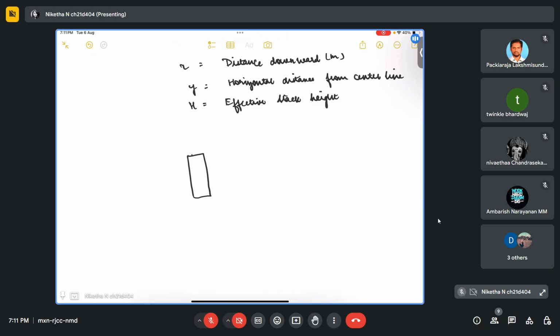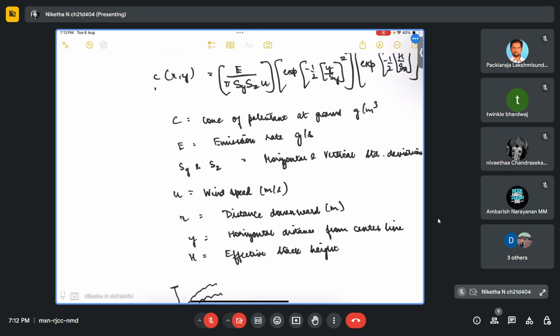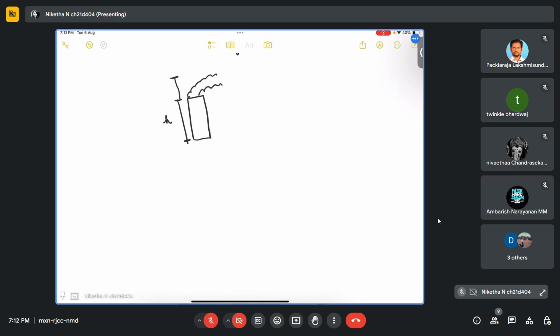And this is your stack height, H, height of the stack. And if your pollutant is going to be coming out like this, it's going to form a plume.